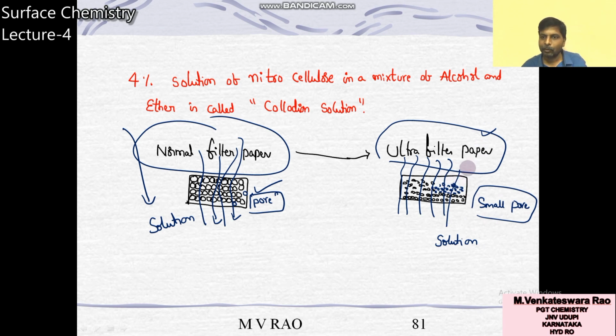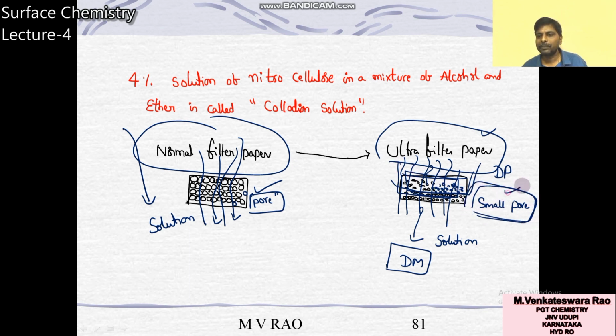But the colloidal size particle is a little bigger. So here the colloidal particles will stop in this ultrafilter. You will get only the dispersion medium. Dispersed phase particles are settled near this ultrafilter paper because of the small pores.